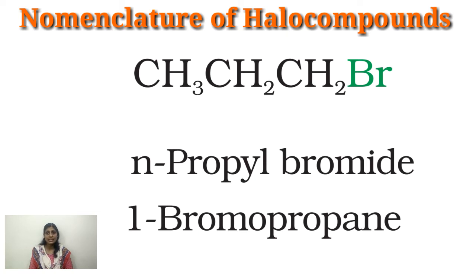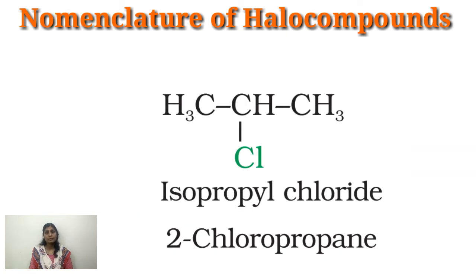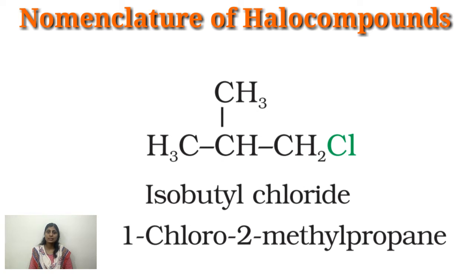In the case of the second example, if you number from either side, you get 2 for the alpha carbon atom. So the IUPAC name should be 2-chloropropane. For the third example, that is CH3CH(CH3)CH2Cl, branching is also there, and here also we have to give the least number for the alpha carbon atom.